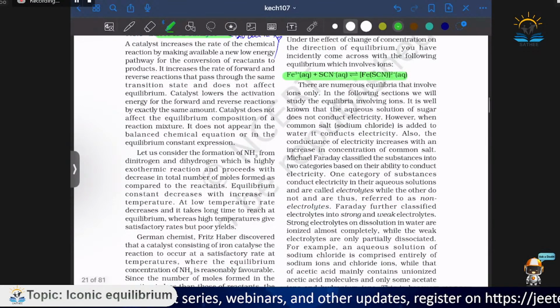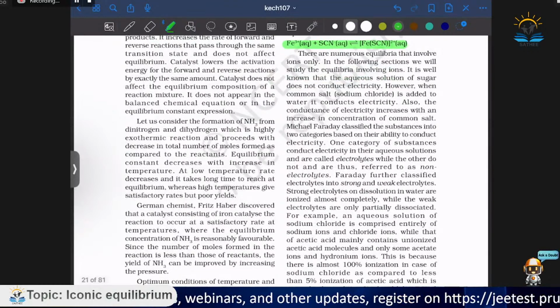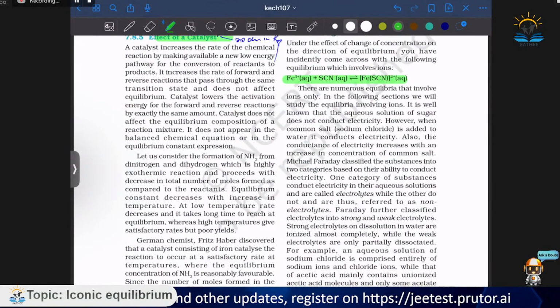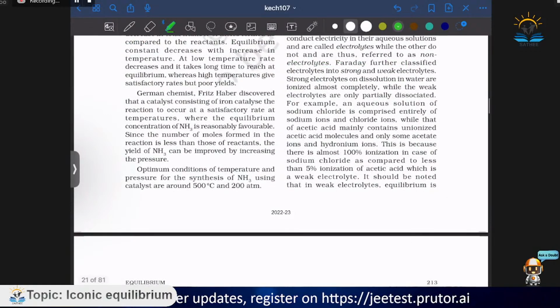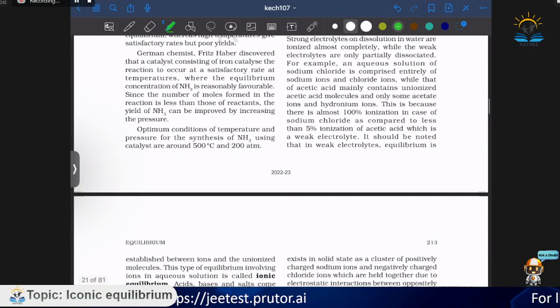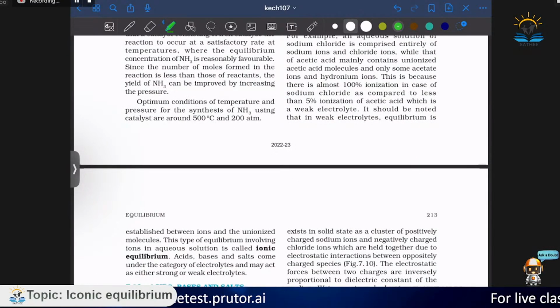Okay, this is a good example of an equilibrium between ions. There are numerous examples, and the application of the ionic equilibrium concept is very vast. You need to do a bit more calculation in the questions involving ionic equilibrium.